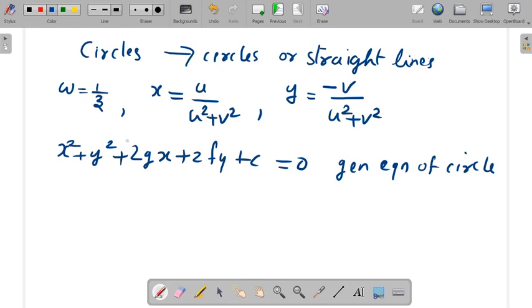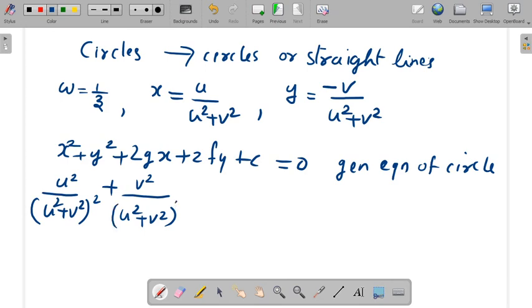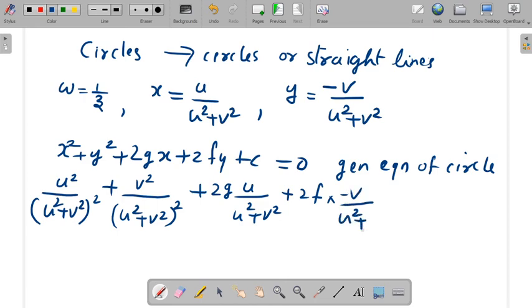To get the image, we replace x by u/(u² + v²). So we get u²/(u² + v²)² plus y² is v²/(u² + v²)² plus 2g·u/(u² + v²) plus 2f·(−v)/(u² + v²) plus c = 0.